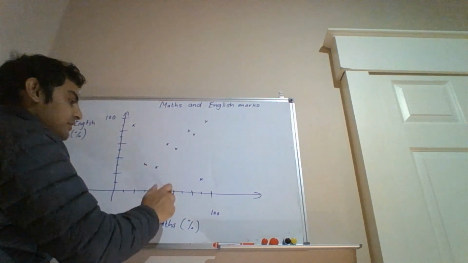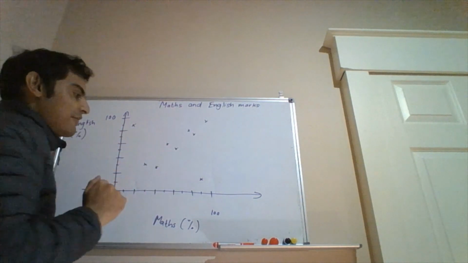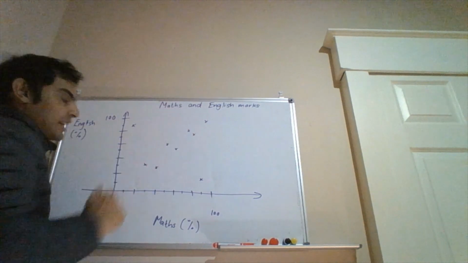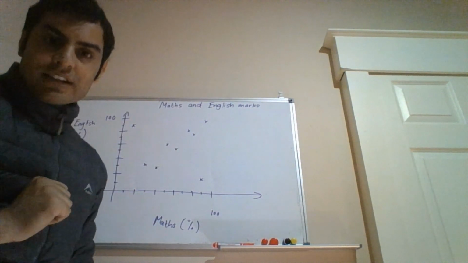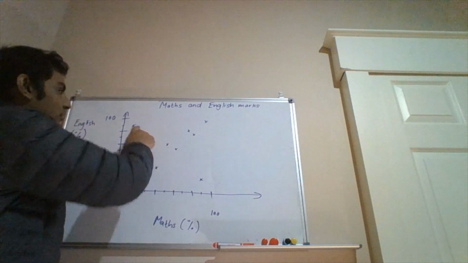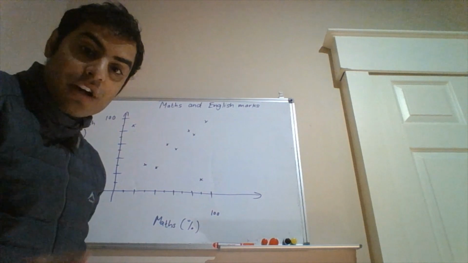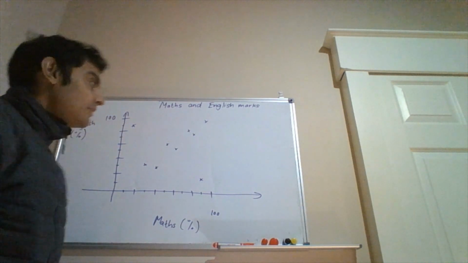We've got like 60-60. And then people who did very well at maths also did very well at English. We've got a 90-95. So we can see this trend in the dots, except for these 2 points. The points that contradict our trend are called outliers.